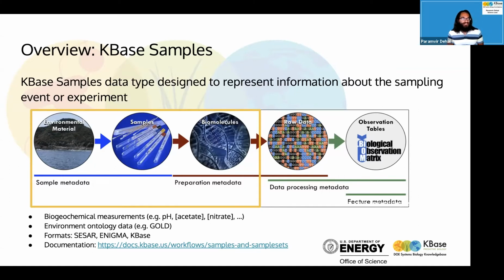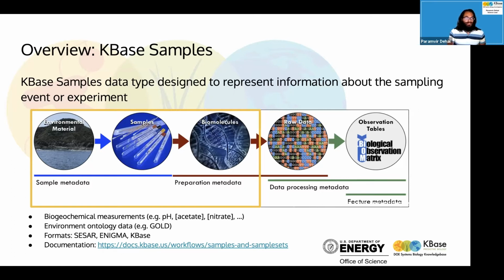So one of the things to really improve the analysis of the data is that we have to be able to capture the sample information, where that data came from. The new part that we're adding is the left-hand side of this figure, where we're trying to capture the sample metadata and some of the preparation metadata. This means that we'll be able to link different types of measurements together.